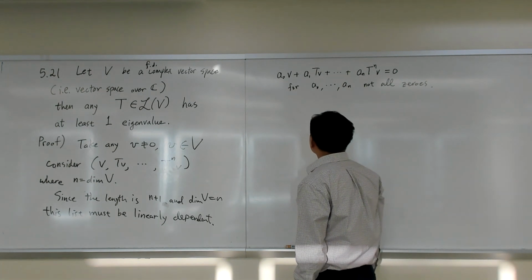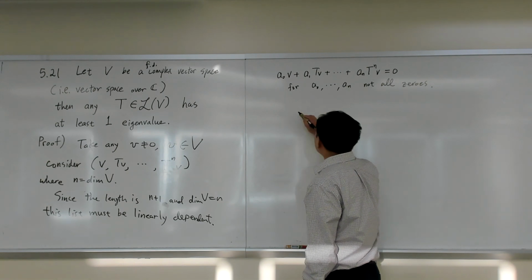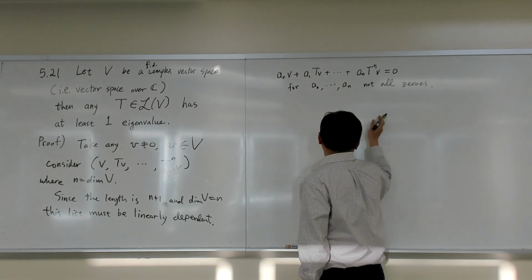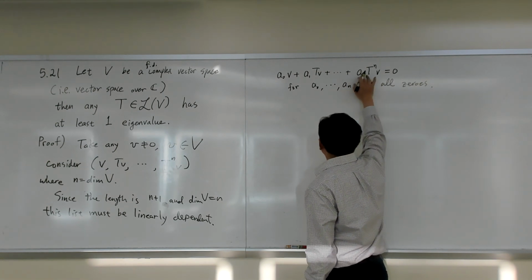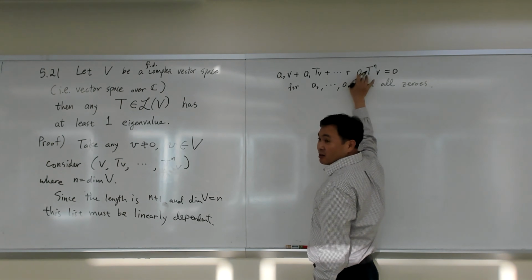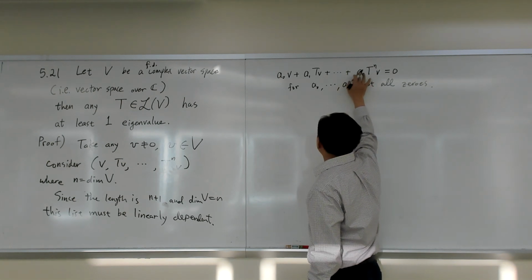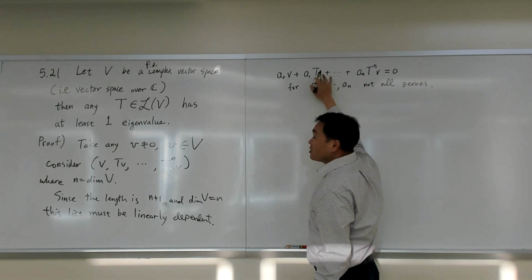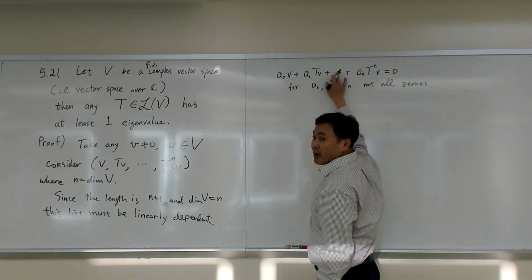So let's assume that the An could be 0, right? And the previous one, the next one could be 0, but there's some m where m is the highest number, where after that it's all 0.